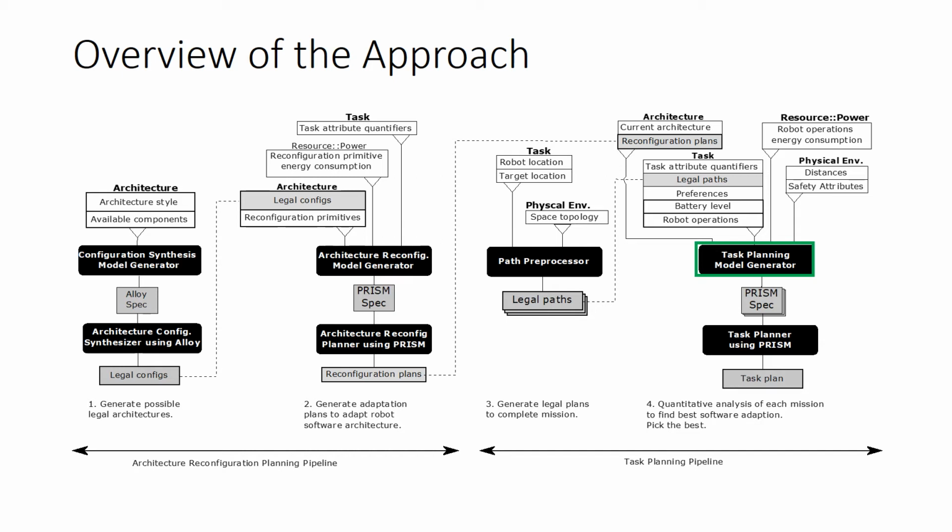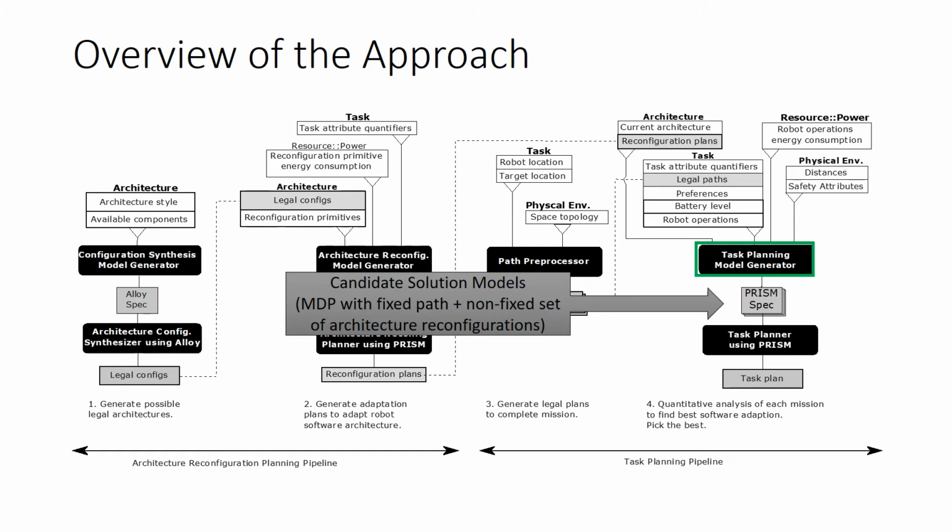planning pipeline. Legal paths are ranked by a heuristic, which in this case is distance minimization, and a configurable amount of top-ranking candidates are extracted to be encoded into one of the PRISM specifications for a candidate solution. Each one of these PRISM specifications also contains a set of symbolic actions that represent each possible architecture reconfiguration plan. All these actions are encoded in a non-deterministic choice of the MDP.